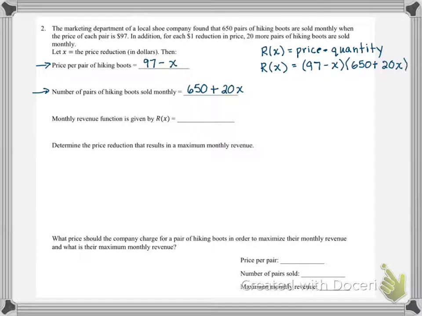It can be tempting when you see price to be like, oh, the price is 97, which is true for one specific combination. Like we could put 97 and 650 in there, but then that's not a function of x. That's just a specific value. If we're writing a function with an input of x, then we definitely need variables on the other side rather than just numbers.